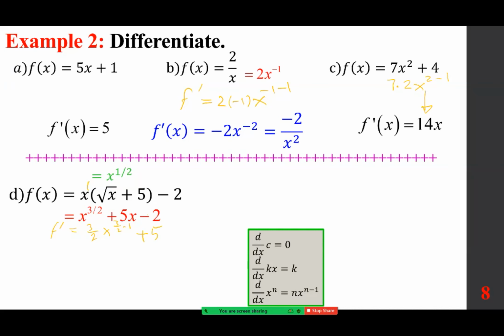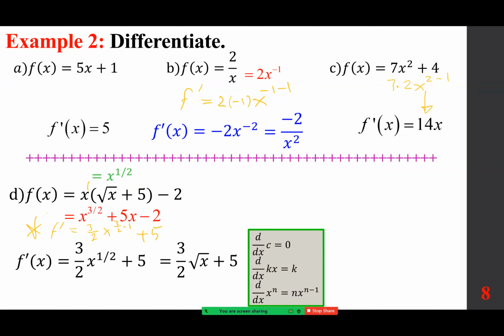And that's it. Now 3/2 x to the power of 3/2 minus 1. This is the only calculus step. I'm going to put the asterisk next to it. Now I'm going to rewrite this as 3/2 x to the power of 1/2, or 3/2 square root of x, plus 5.